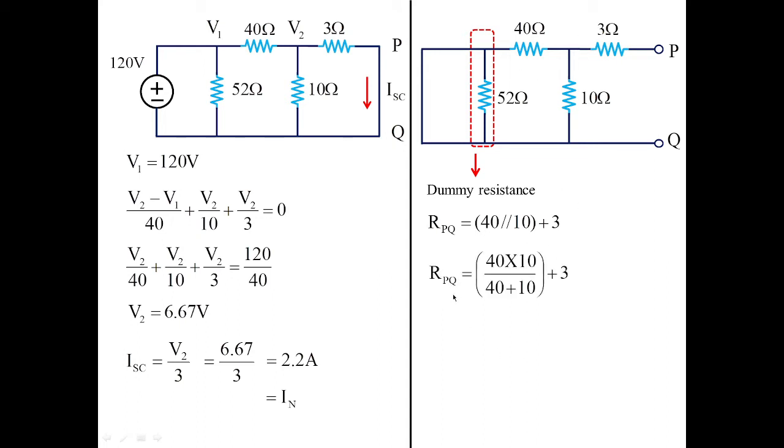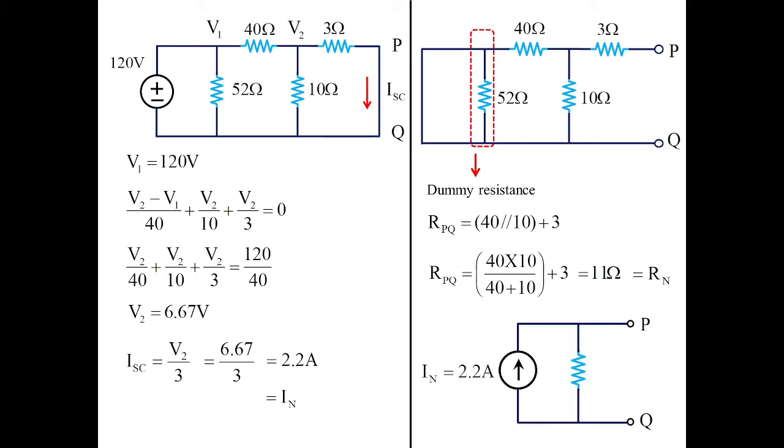Applying the values, the resistance is obtained as 11 ohms. This is also known as Norton's equivalent resistance or Thevenin's equivalent resistance. So the approach is the same whether you apply Thevenin's theorem or Norton's theorem, particularly in the case of resistance.